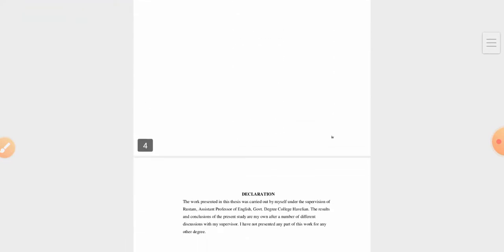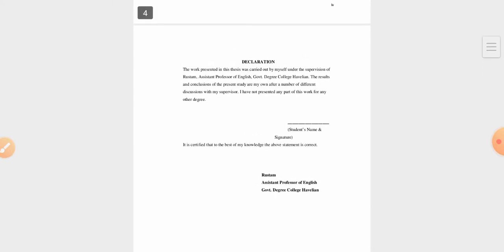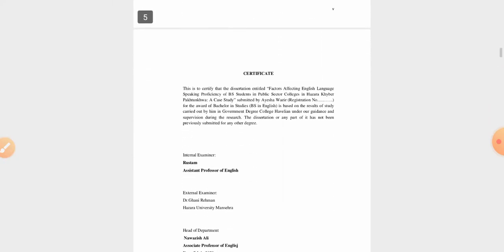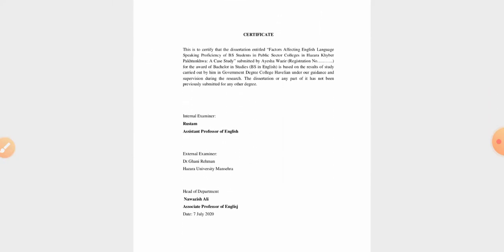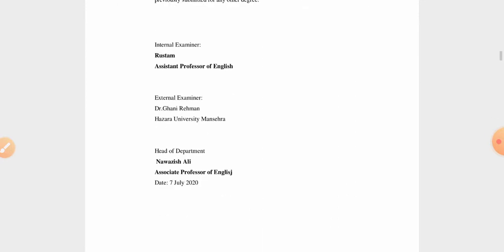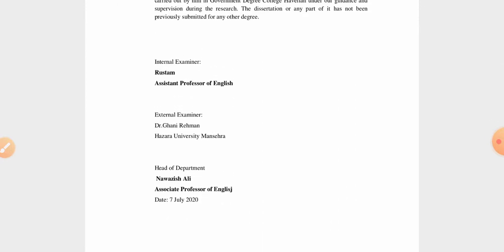Here is a Bismillah page, which is optional. Then dedication. Then we have acknowledgement page. Okay, declaration by the researcher that the work is original and not copied or not presented earlier on. Then the certificate of institution, in which usually 3 parties affix their signature.